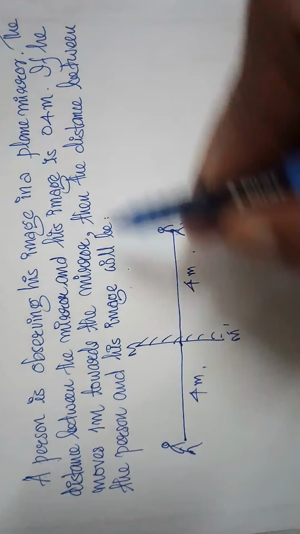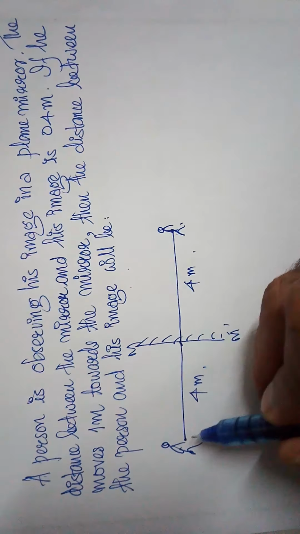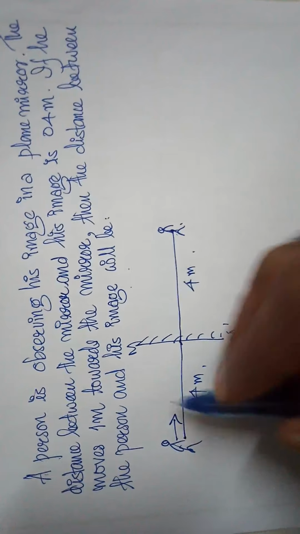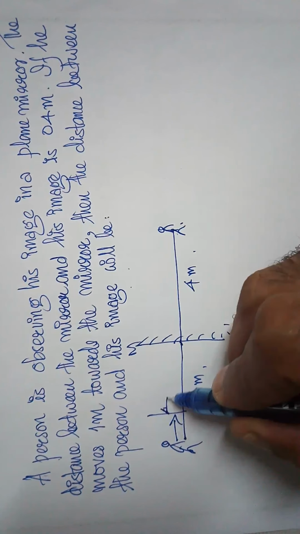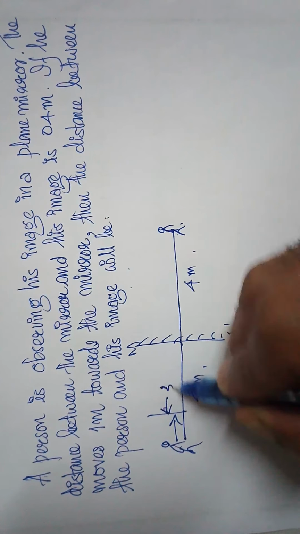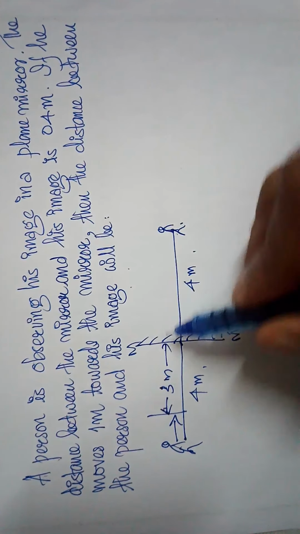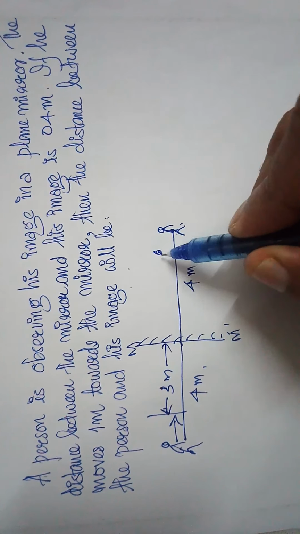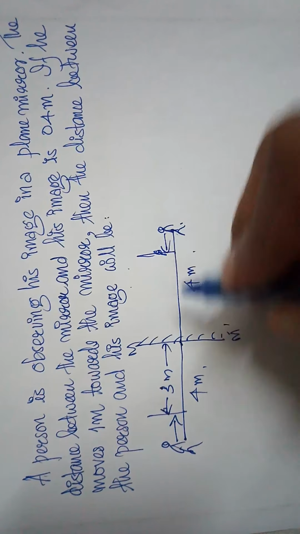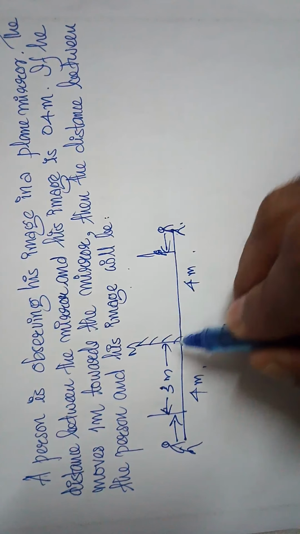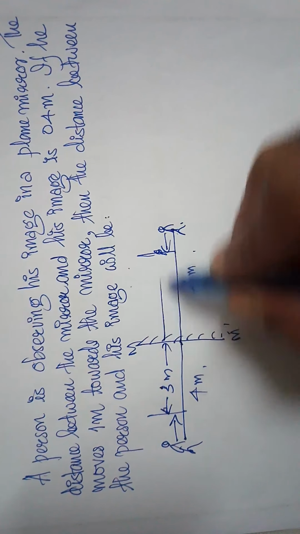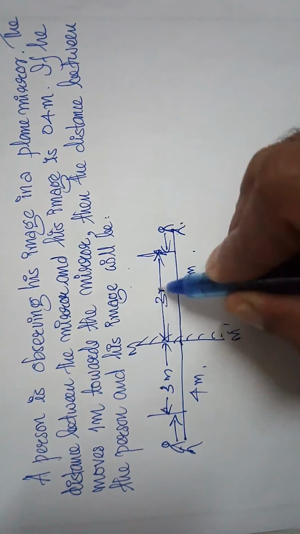If that person moves 1 meter towards the mirror, the distance between the person and the mirror is 3 meters. The image will also be formed 1 meter nearer the mirror, so this will also be 3 meters.